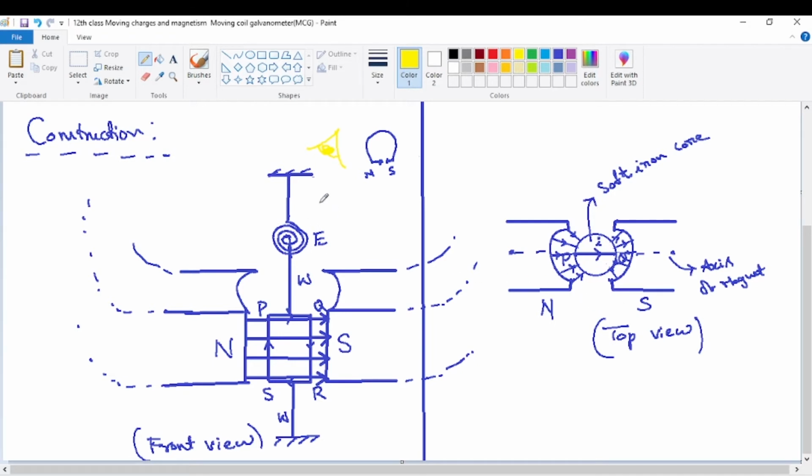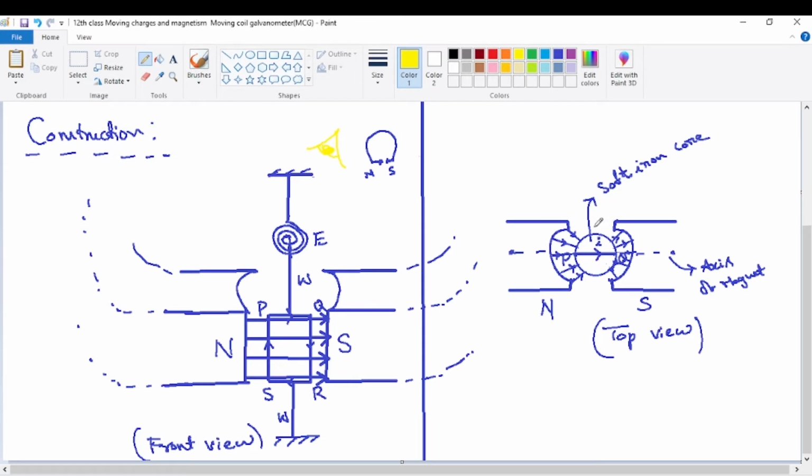From the top, if we see, the concave poles are actually cylindrical. So this north pole, the concave pole curved inwards, can be seen like this. The south pole, the cylindrical concave face, can be seen like this.